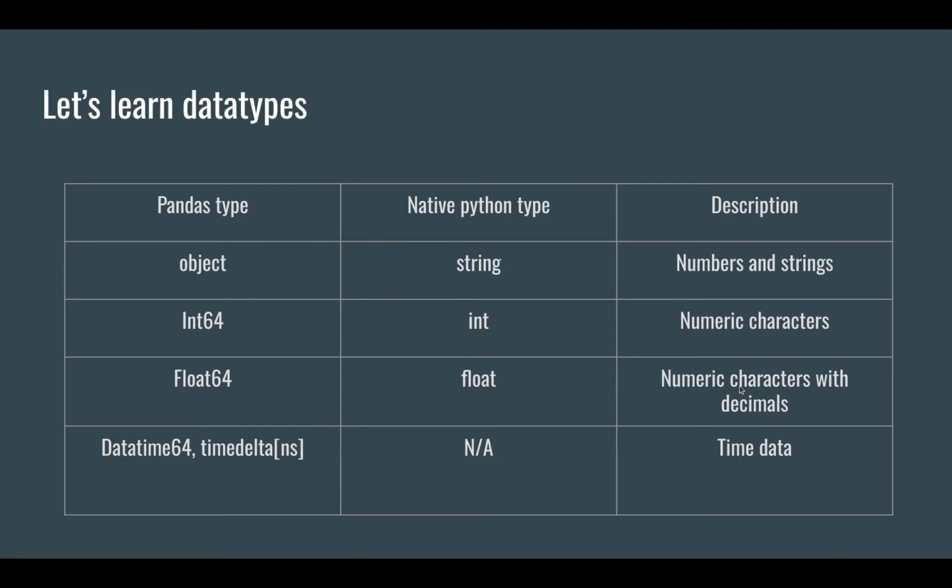And the object pandas type functions similar to string in native Python. And the pandas datetime64, timedelta, I don't think there is such an equivalent type in native Python. So just keep that in mind.